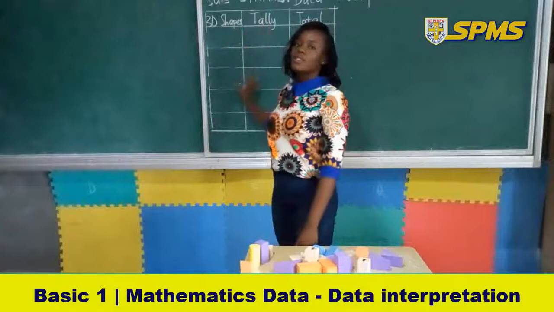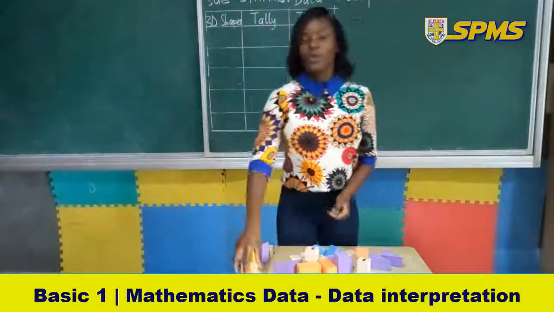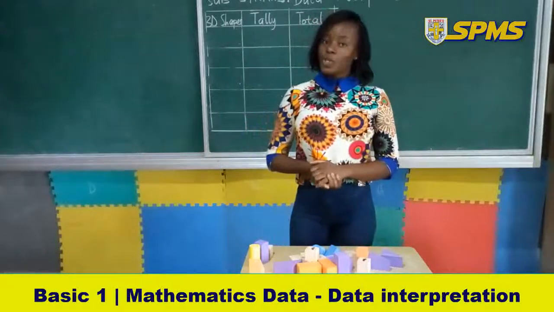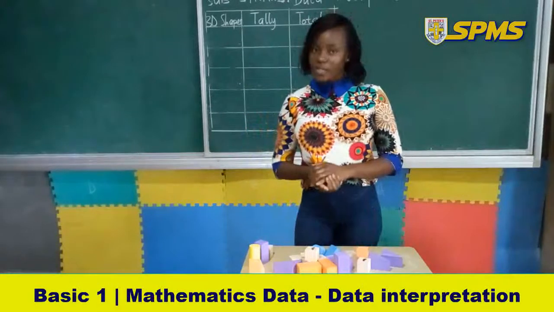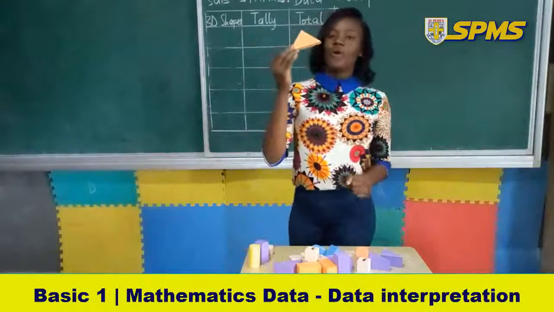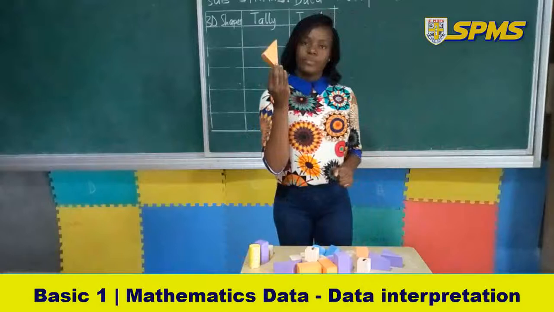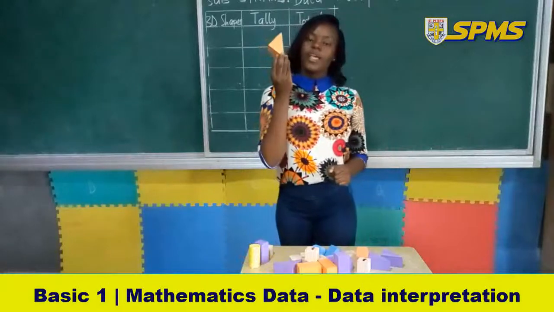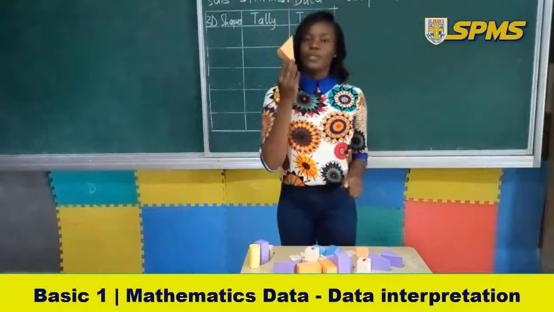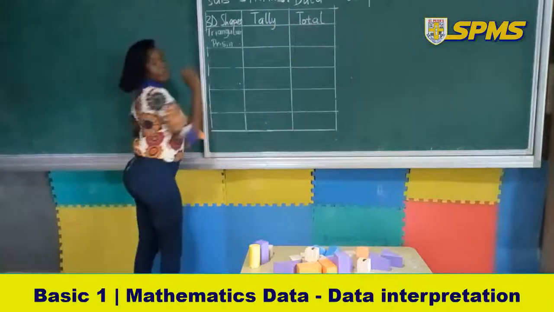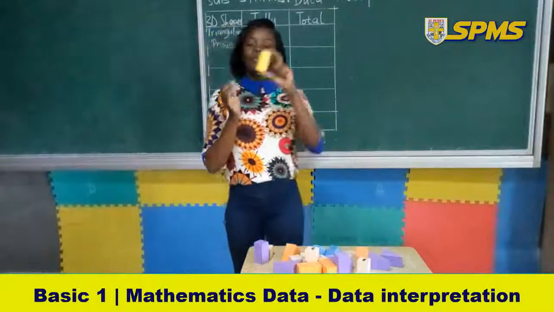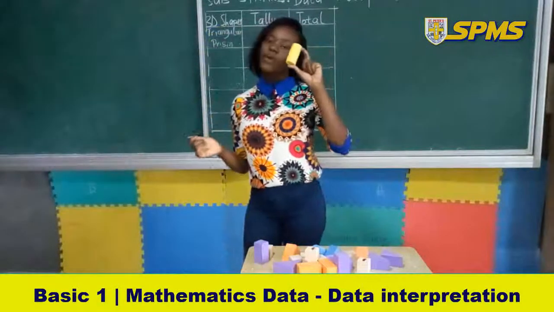in our tally chart. Do you remember we've done 3D shapes? So what is the name of this 3D shape? Yes, this is a triangular prism. Now let's look at the next 3D shape. This is very common at home.